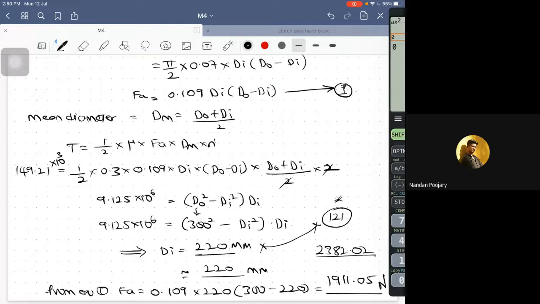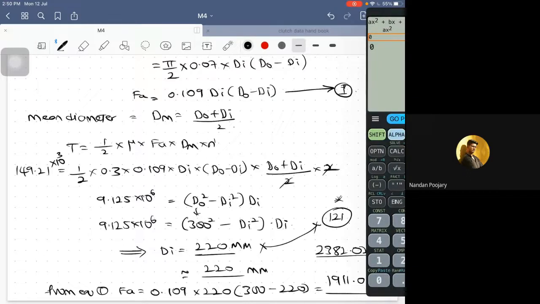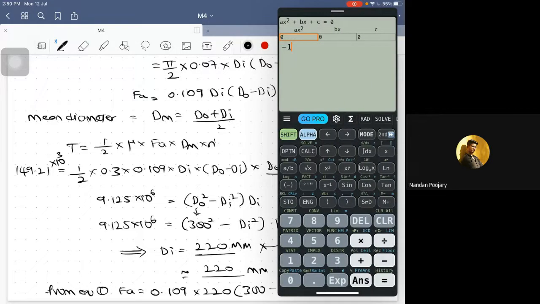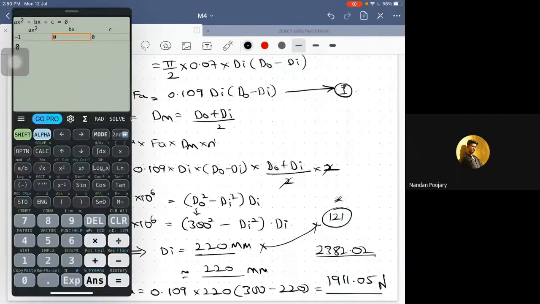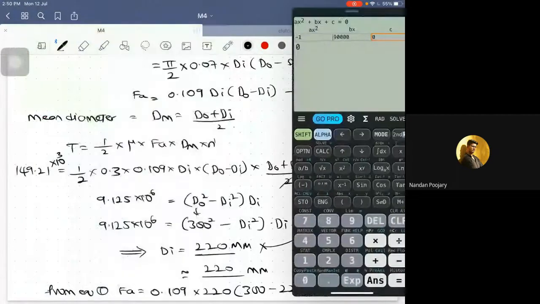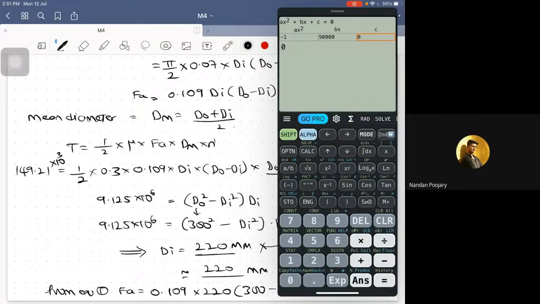Okay, di the value, so a is -1, b is the value of 300 square, so 300 square, and c is minus 9.125 cross 10 to the power of 6.